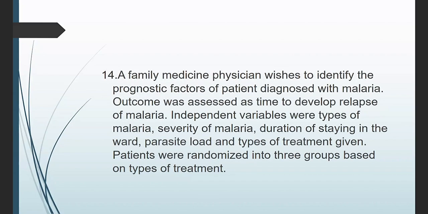Next one, a family medicine physician wishes to identify the prognostic factors of patients diagnosed with malaria. The outcome is time to develop relapse of malaria, and these are the independent variables. Patients were randomized into 3 groups based on types of treatment.